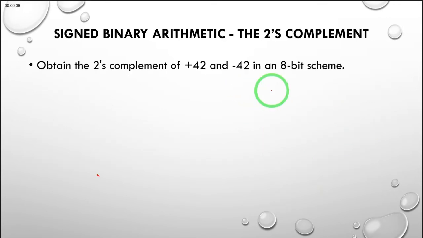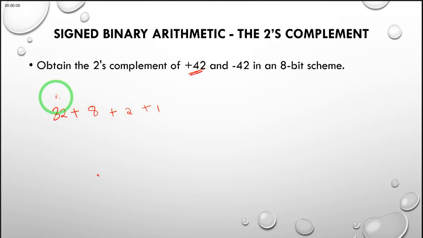We are to do the 2's complement of plus 42, and similarly like we did, we just know that the power of 2 that is less than 42 is 32. So we have 32, we cannot add 16 because it will be bigger than this one. So we will have 32 plus 8, we get to 40, plus 2 plus 1.